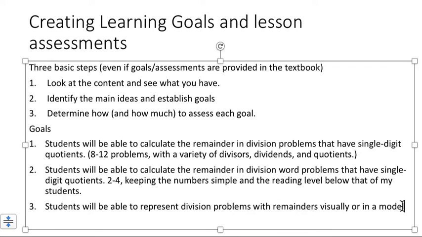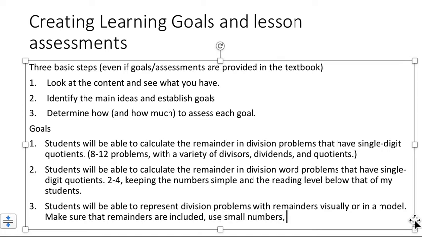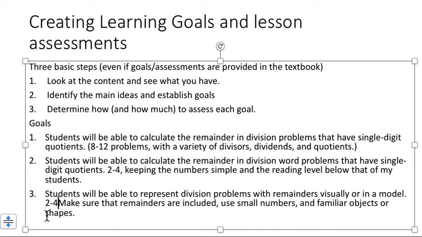Finally, for representing the division problems in a model, I'd want to make sure that remainders are included, and use small numbers and familiar objects or shapes. I would probably have 2 to 4 of these, depending on how many items I had elsewhere.